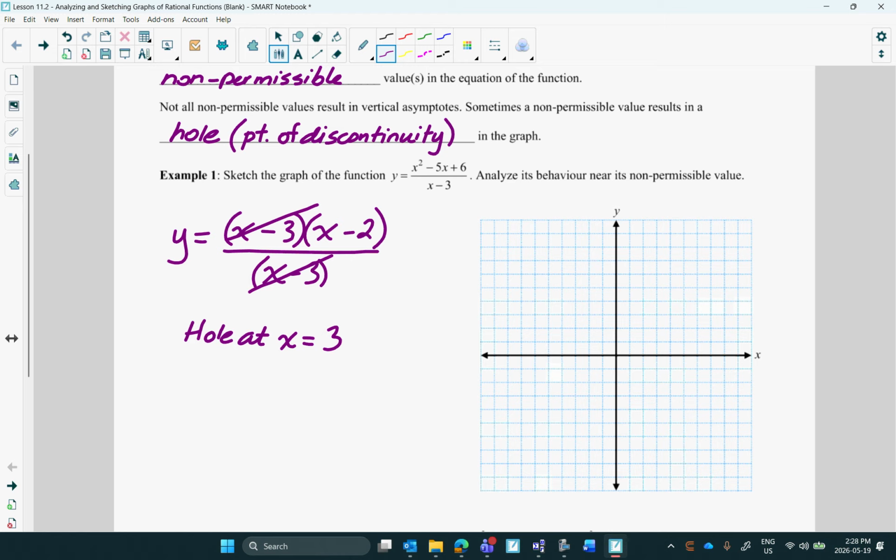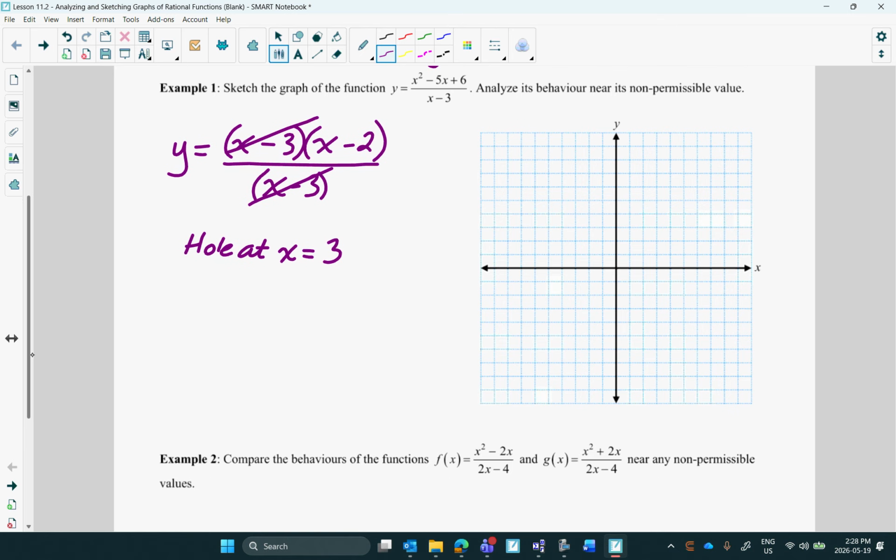And what is the resulting function that's left? y equals x minus 2. Well, what's that when I graph it? You got to go back to grade 10. That's a line, and we use y equals mx plus b.